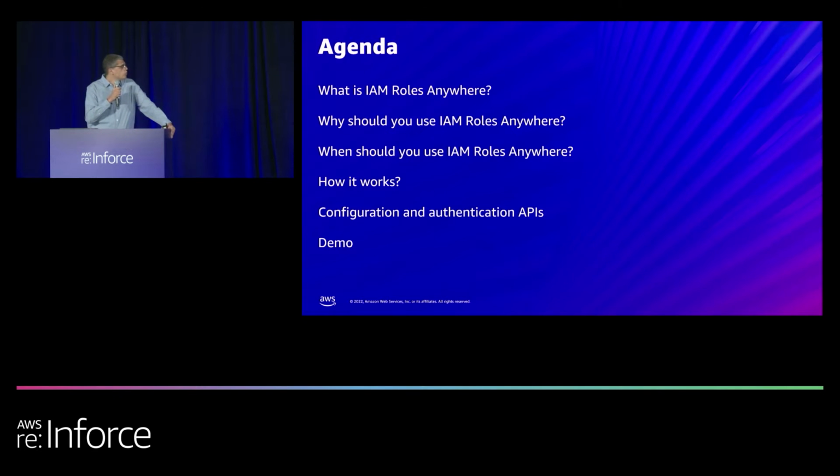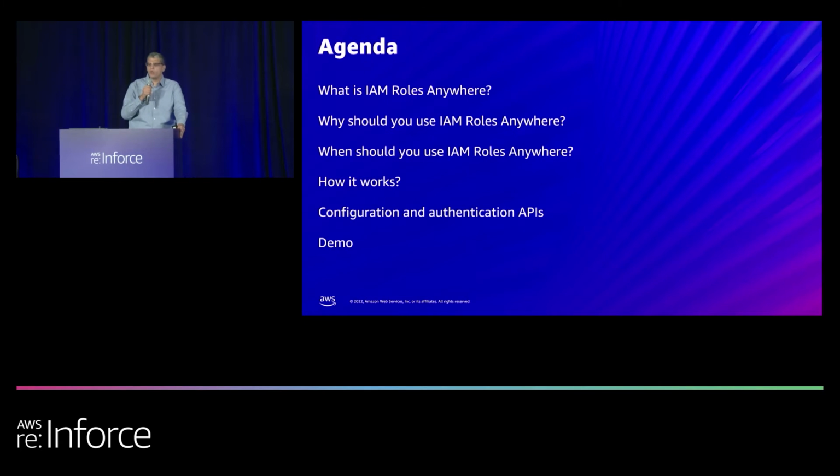We'll also show how you can audit the identities that were authenticated using IAM Roles Anywhere. And at the end of the session, we'll be running a demo where we will go step by step on the different procedures needed to set up the IAM Roles Anywhere until obtaining a temporary credential for your workload.